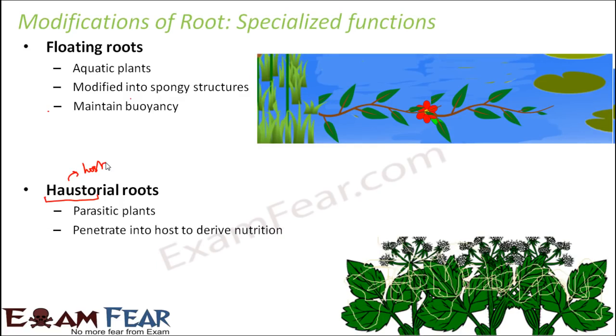They penetrate into the host to derive nutrition. So these are specialized roots which penetrate into the host. What is host and what is parasite? The living organism within which another living organism lives and derives its nutrition is known as host. And the living organism which snatches out the nutrition is known as the parasite.